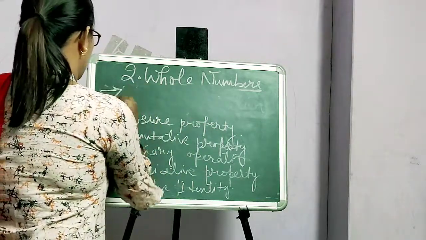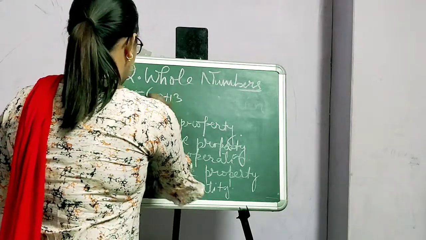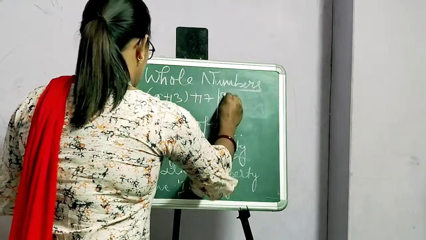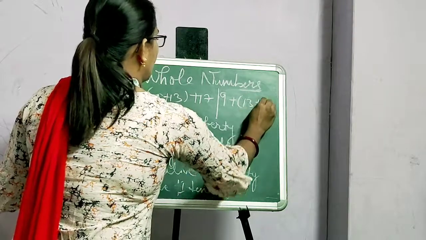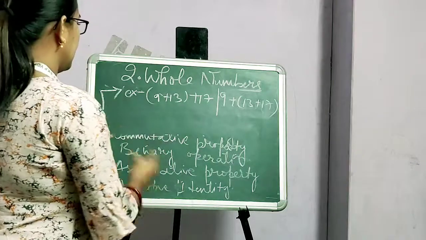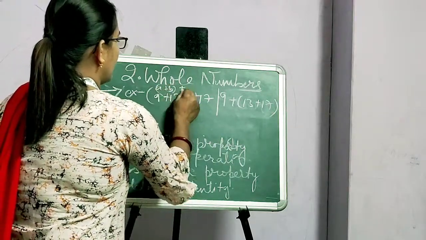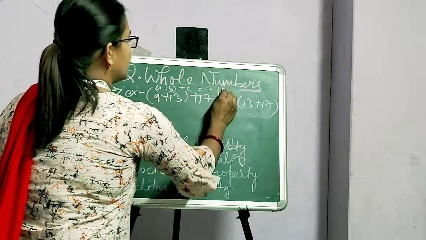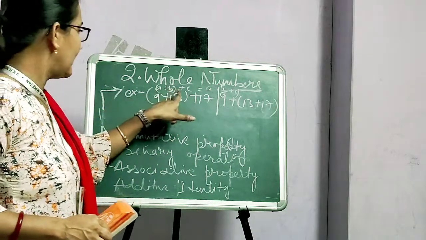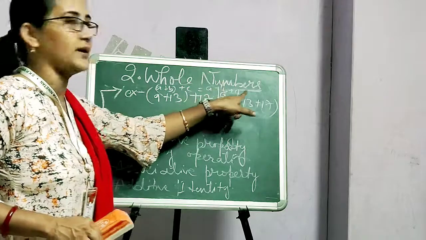Associative property. Okay, 9 plus 13, suppose, plus 17. Try to understand this. Or I can write (a plus b) plus c is equal to a plus (b plus c). See the brackets: a plus b in brackets plus c is equal to a outside the bracket plus b plus c in brackets.